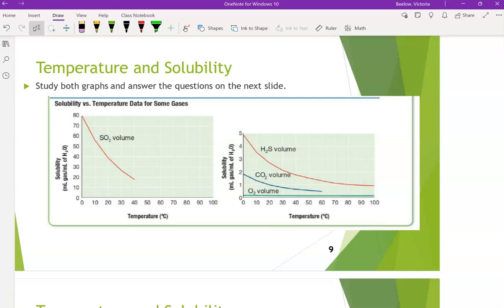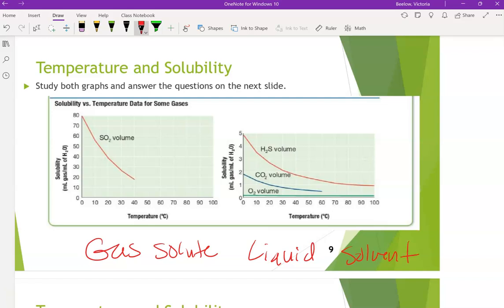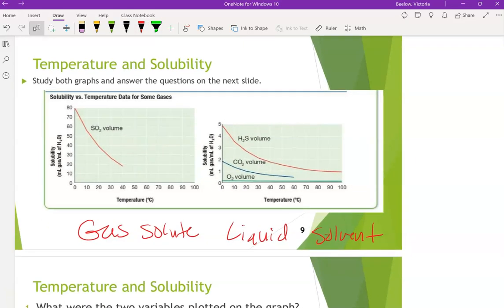Again, these are when we have a gas solute and a liquid solvent, to be specific to what we're talking about. Looking at these graphs, think about the type of relationship you're seeing. Is this a direct or an inverse relationship?